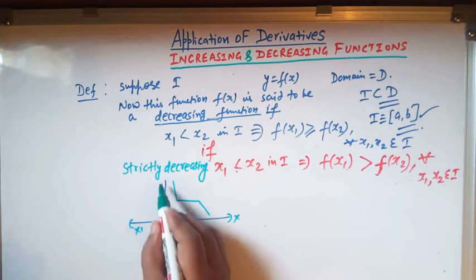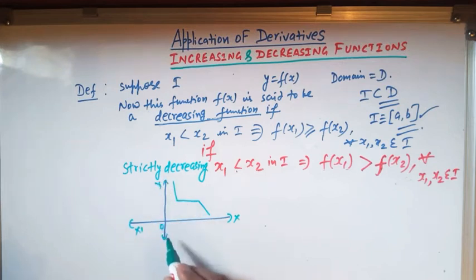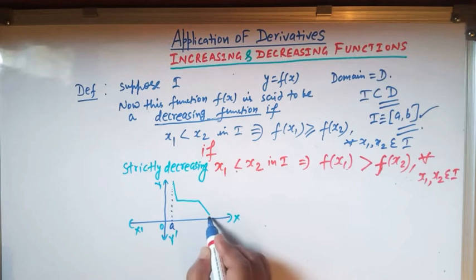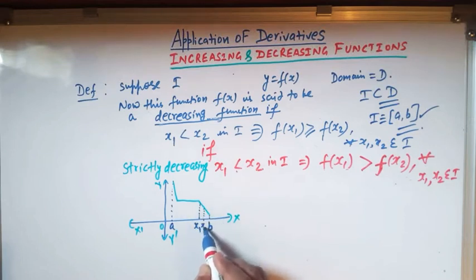Now this function is said to be a decreasing function. Why? Because if I take 2 points on this graph, say this is x1 and this is x2. Clear?